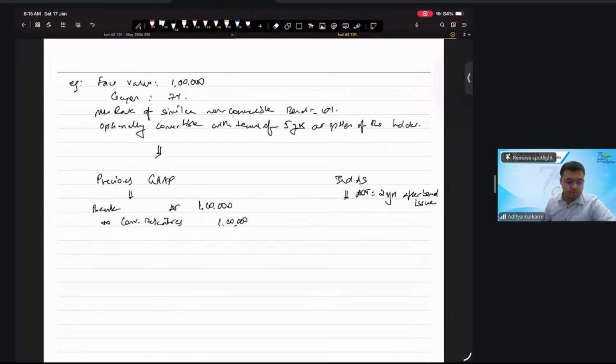Now, under Ind AS, how would you account for this? 7% is coupon, 10% is market rate. 5 years is the tenure of the bond.